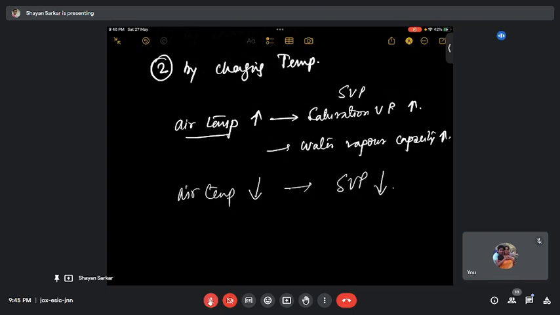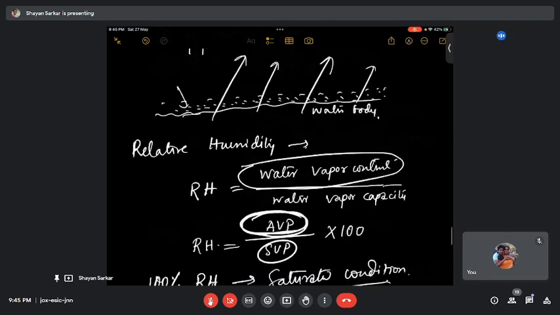Yes or no? SVP is also decreasing. So now look at this ratio. If SVP decreases, and the AVP remains the same, then automatically relative humidity will increase.